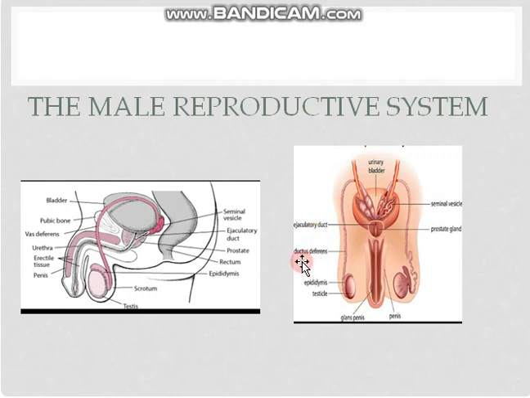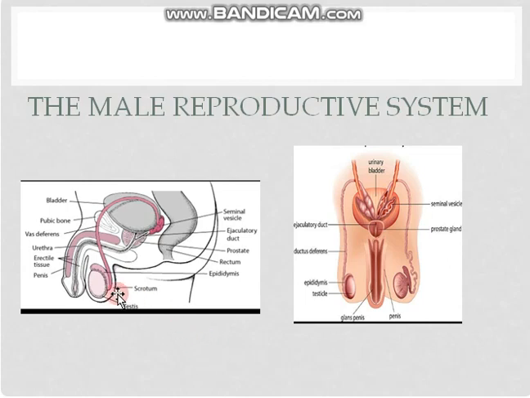Then we have the vas deferens, the epididymis, and the testicle, as I've mentioned earlier. At this stage, we are going to look at the various parts and the role they play in helping the male reproductive system to function.